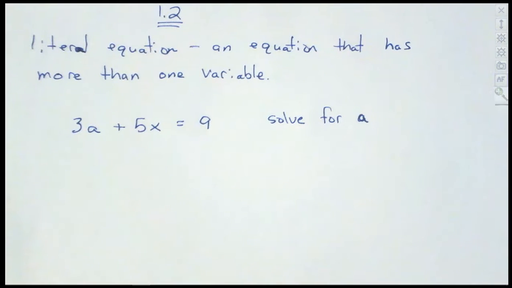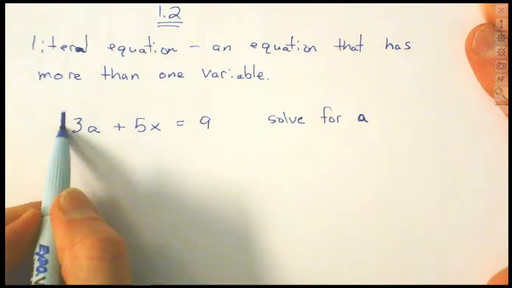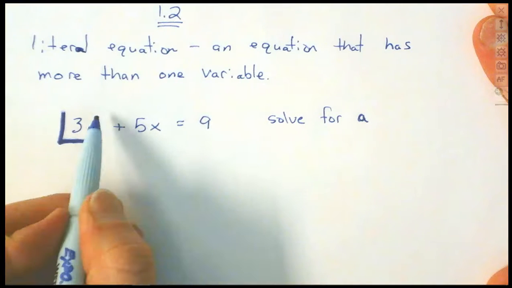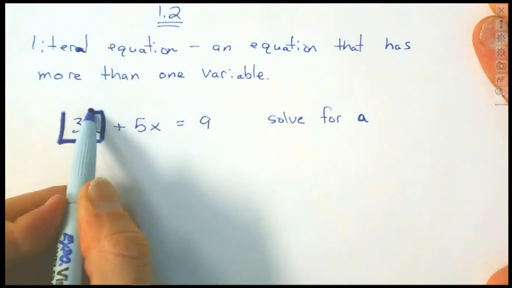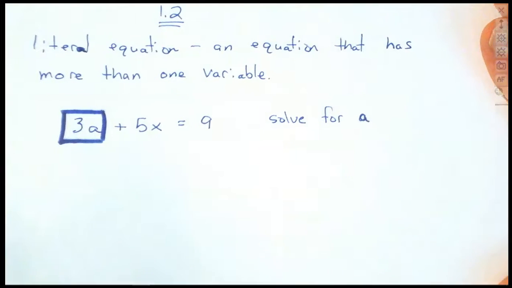So when I look at this, I need to identify what we're solving for. What are we solving for? A. So I like to find the a's, if we have several of them, and put a box around it. In this case, we only have that 3a, so I put a box around it. Now, when we solve, that means that variable is by itself on the left.